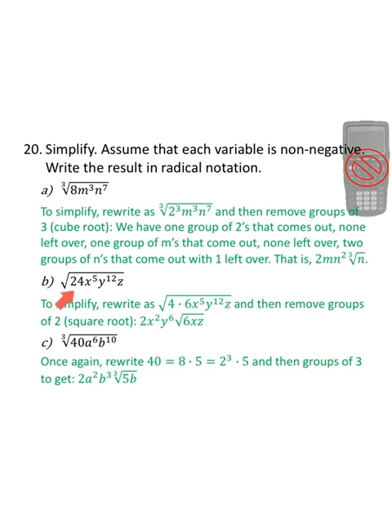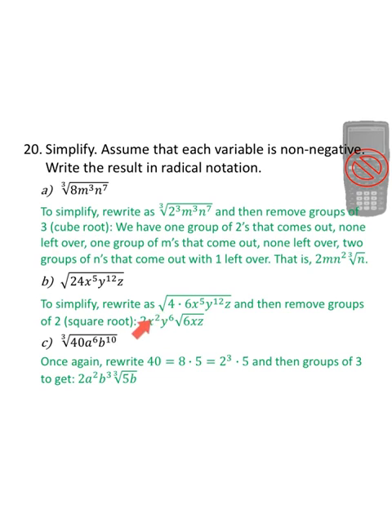To simplify the square root of 24, x to the 5th, y to the 12th, z, I'm going to first rewrite 24 as 4 times 6 because 4 is the largest perfect square that goes into 24. So I'm going to remove groups of 2 because of the square root.